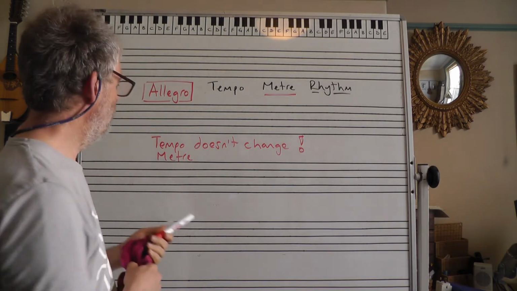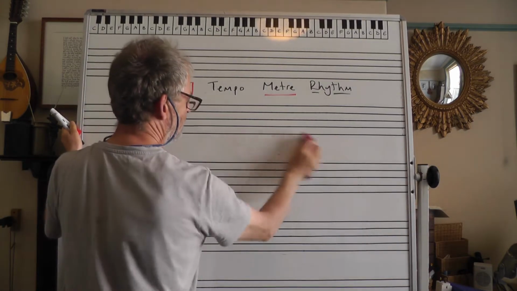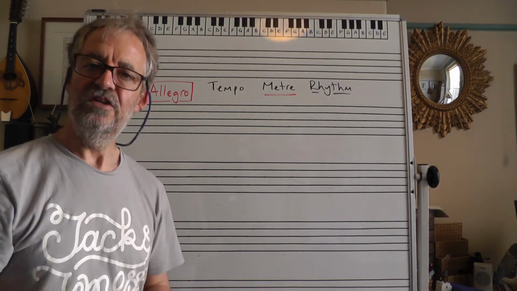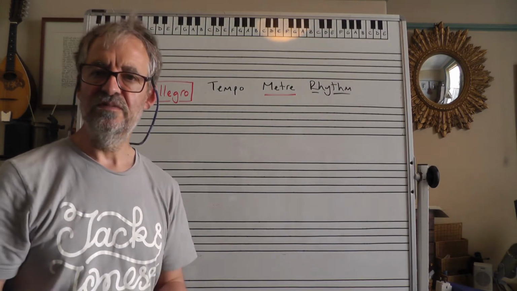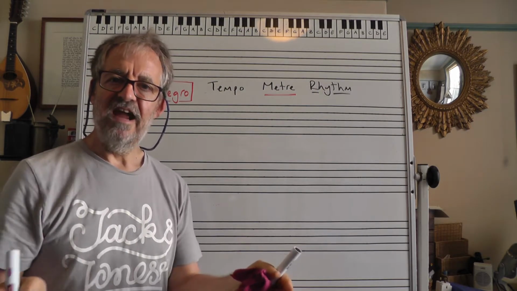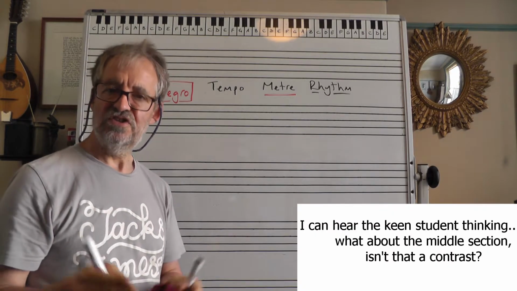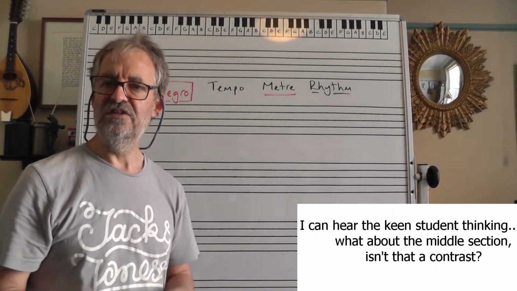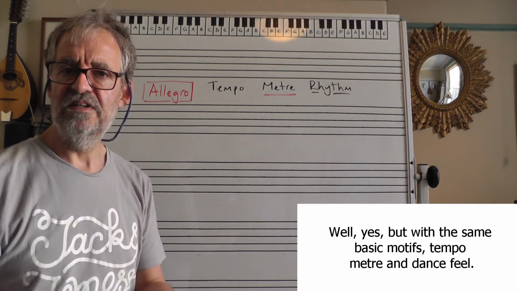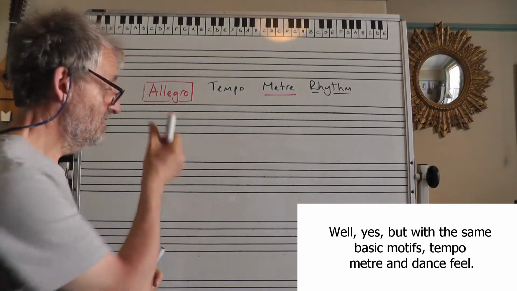Why? Well, because in the Baroque period, they thought that if you wanted to have something different to say, you would finish your movement and start a new movement. That your movement would be of one character all the way through, and then if you want to change character or change mood, you would stop that movement and start a new piece in a new character. And that's why we have multi-movement pieces. Maybe a fast movement, maybe a slow movement in a minor key, maybe another fast movement but in a different time signature.